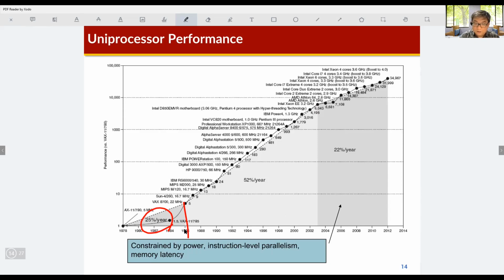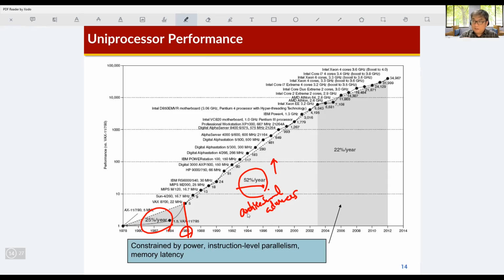And then after 1986, the performance increased by over 50% per year. So it's very huge. It's the architectural advance.